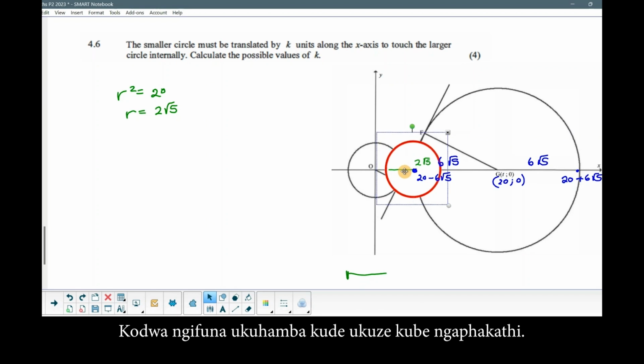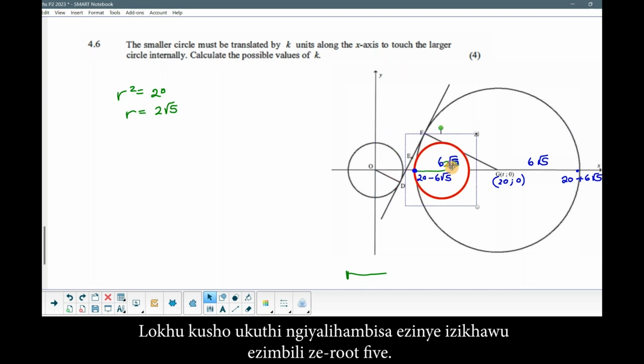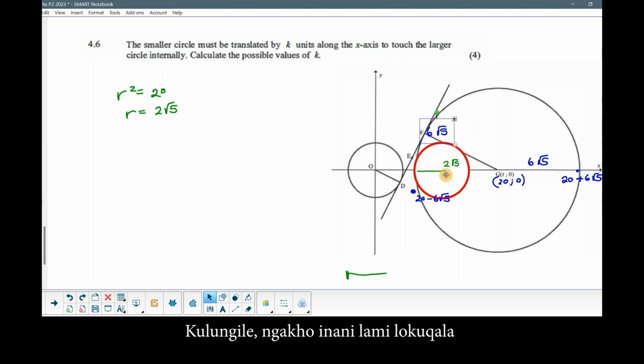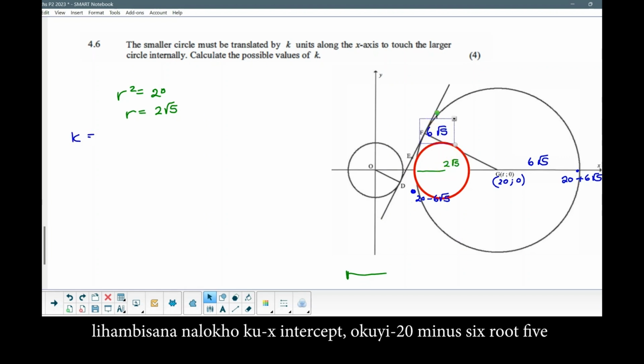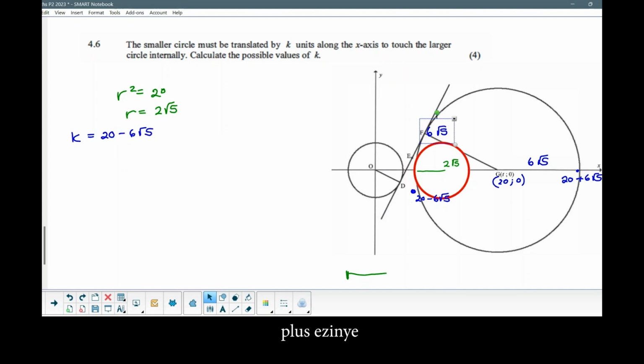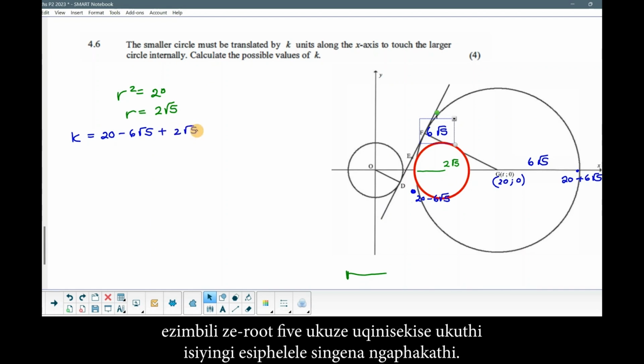But I want to move it further so that it sits on the inside. That means I'm moving it another 2 root 5 units away. Okay, so my first k value is to that x-intercept, which is 20 minus 6 root 5, plus another 2 root 5 to make sure the entire circle fits on the inside.